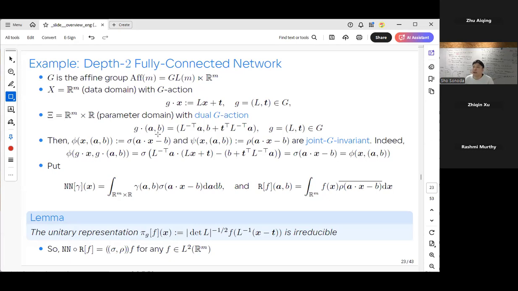I mean, if we act with group G on x and on (a, b) simultaneously, then x will be translated to Lx plus t.